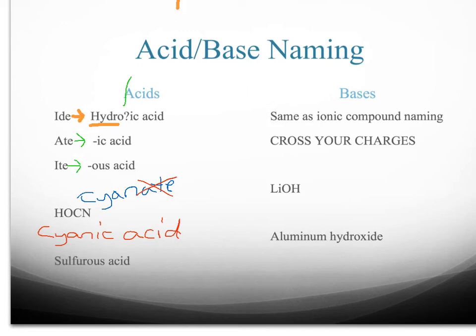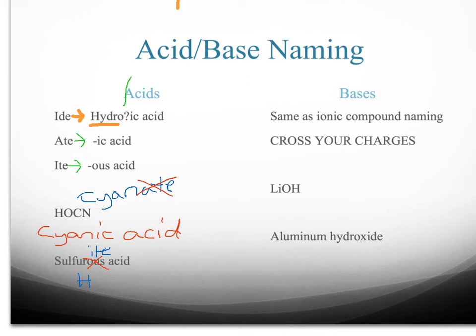So if we wanted to know what it was, we would simply get rid of that OUS and replace it with "ite." We know that the acid formula is going to start with an H because they all start with H. Again, if we replace that OUS with an "ite," that's going to be a sulfite.